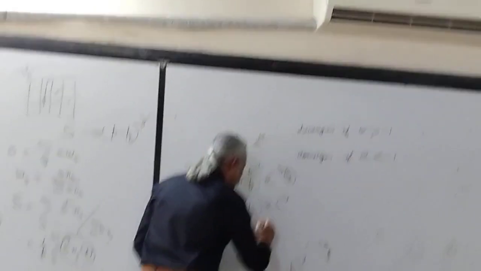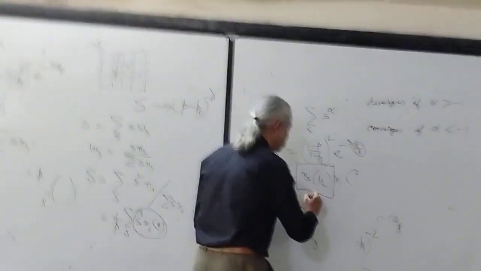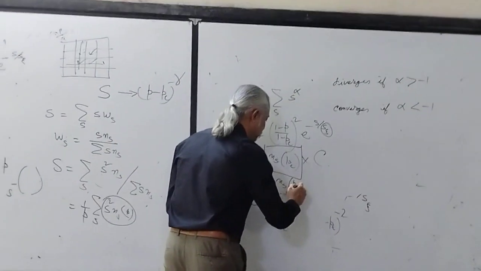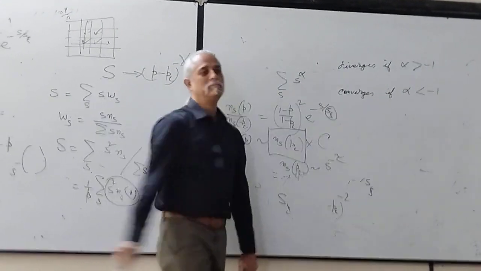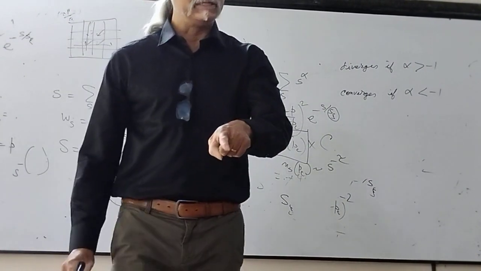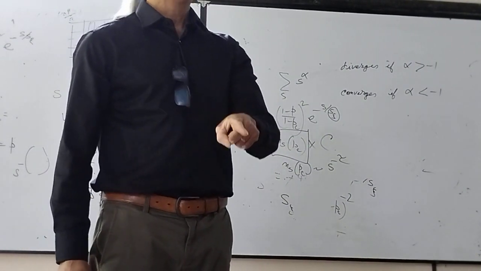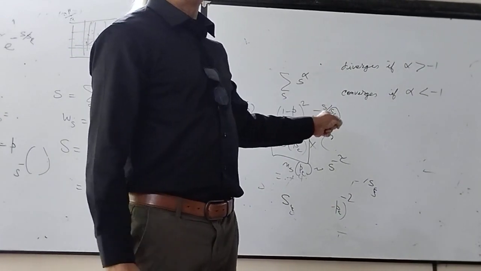So n_s(p) equals this. The assumption I make now is that n_s(p_c) equals s to the power minus tau. At the critical point, n_s(p_c) exhibits a power law with an exponent tau.